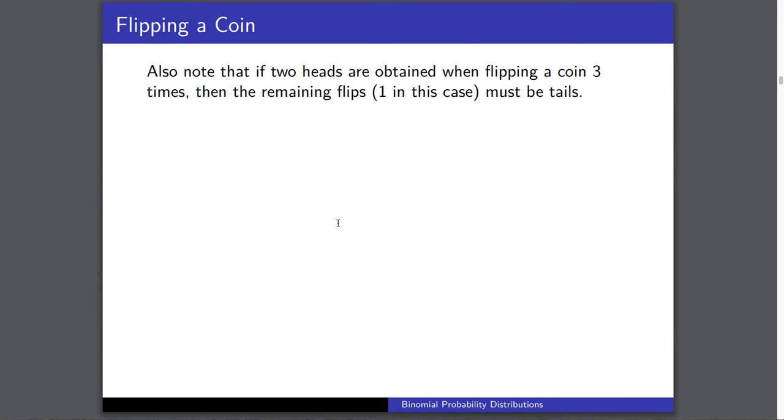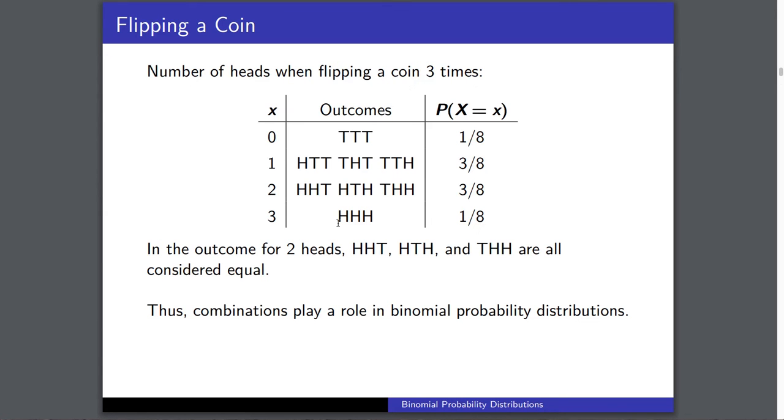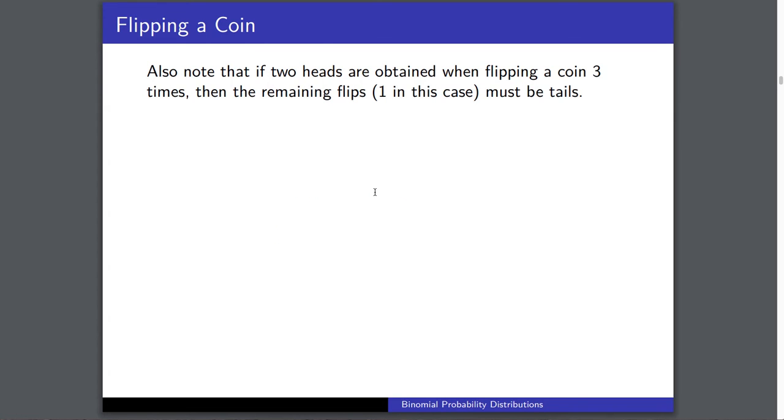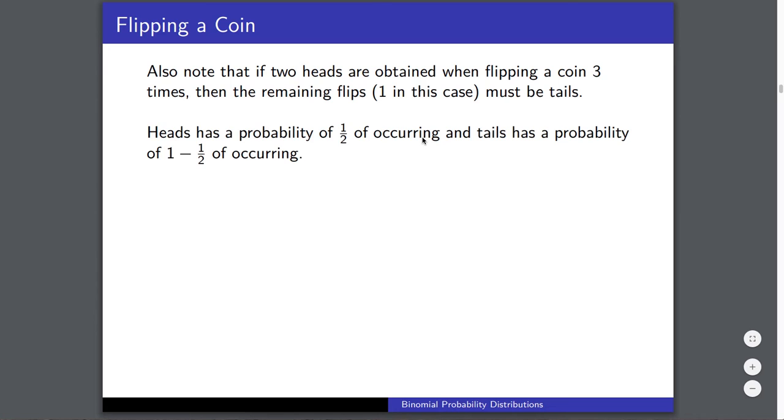Also note that if 2 heads are obtained when flipping a coin 3 times, then the remaining flip, one more flip in this case, must be tails. So whether the tails is at the end, in the middle, or the beginning in this list of outcomes here, the total number of times we flip a coin minus the number of successes has to equal the number of failures.